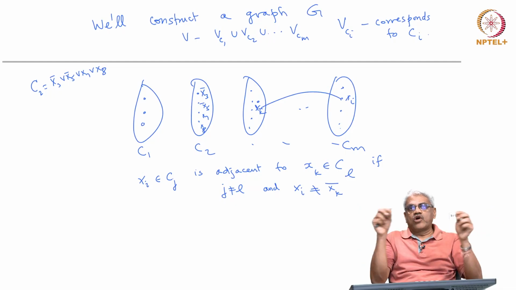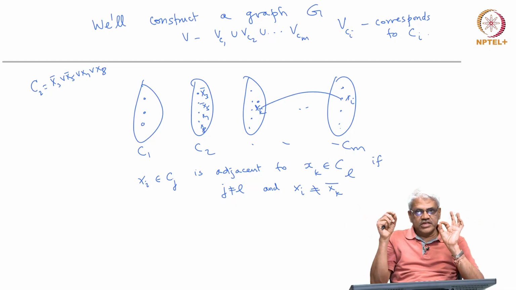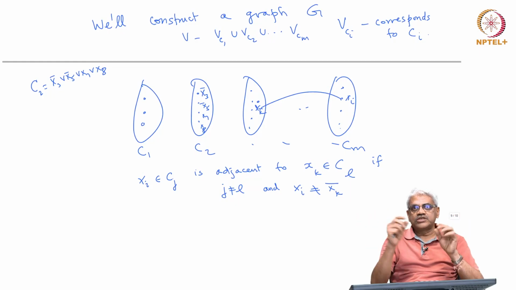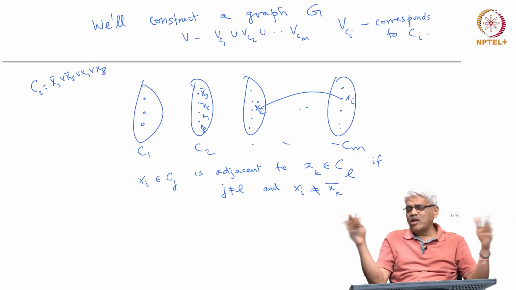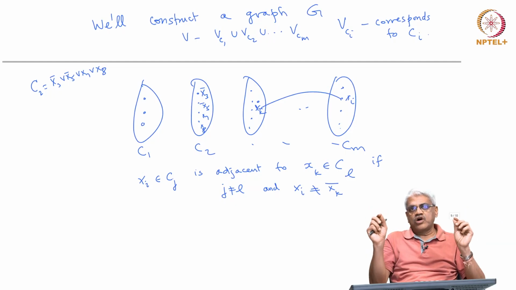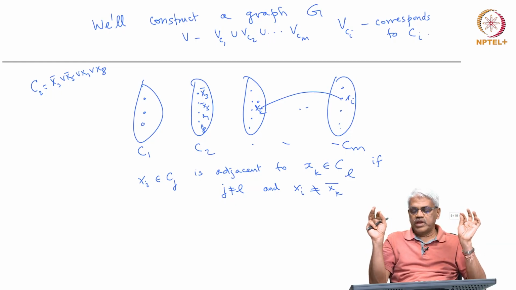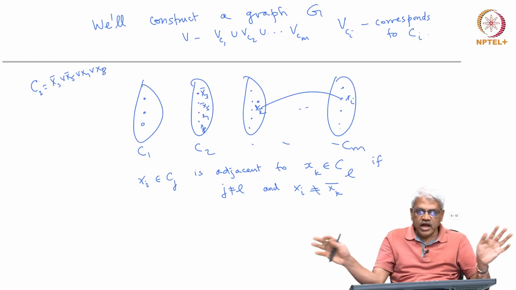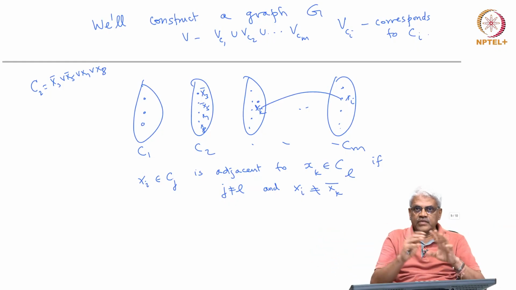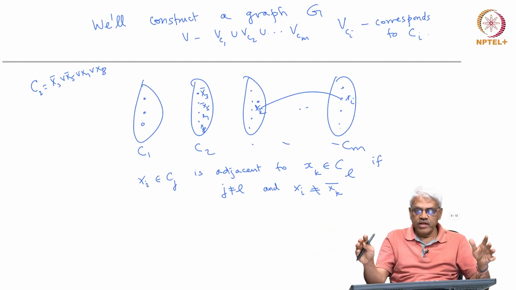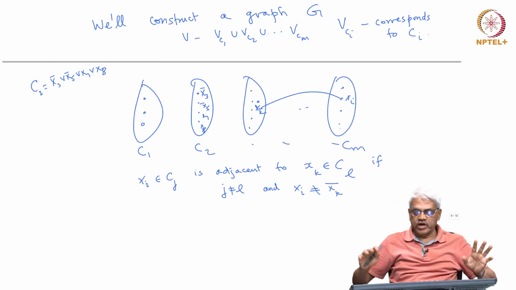The edges are only across: if I have some literal in one clause and some literal in another clause, I will draw an edge, all possible edges, as long as one is not the complement of the other. That is it. From the formula I have defined a graph.